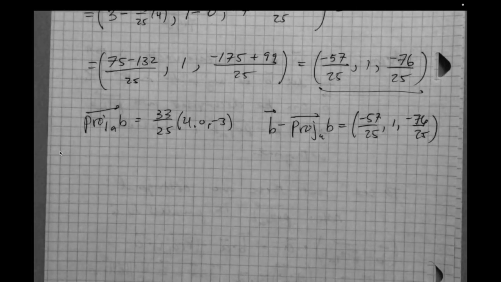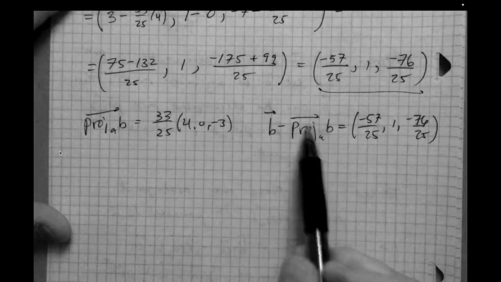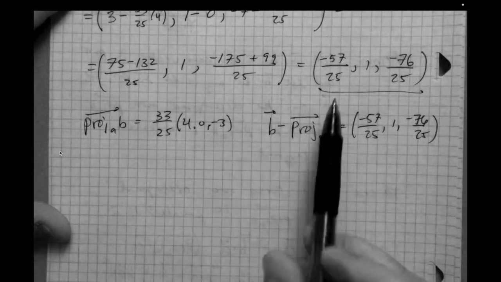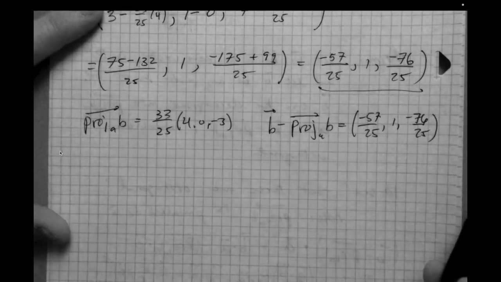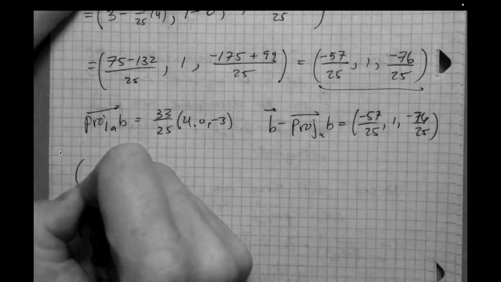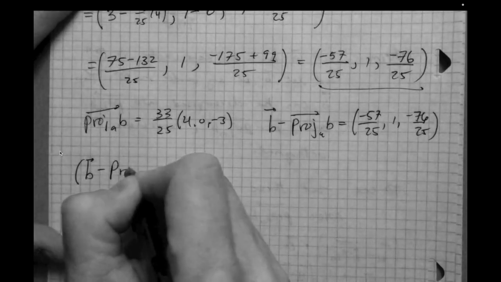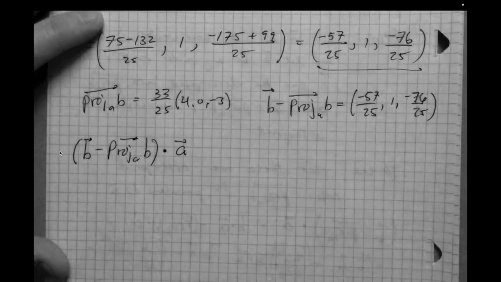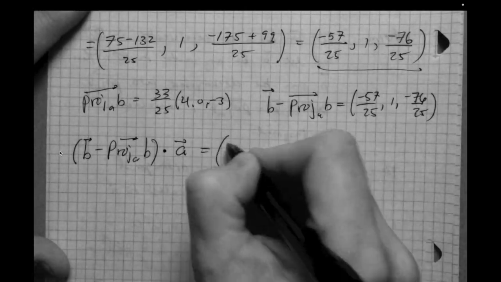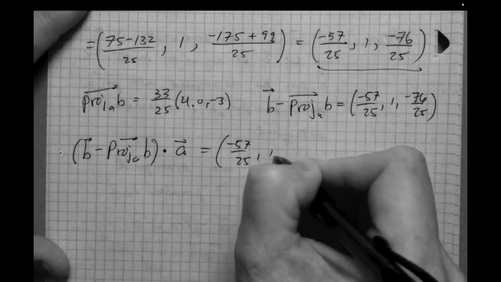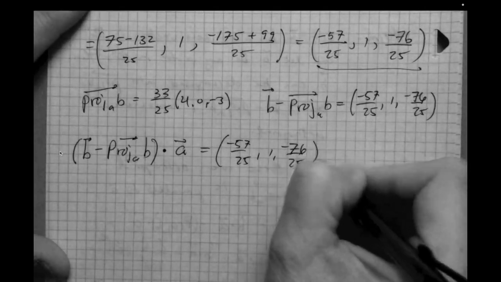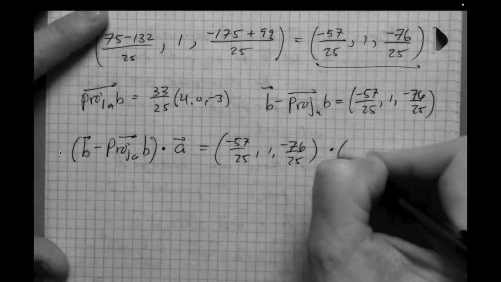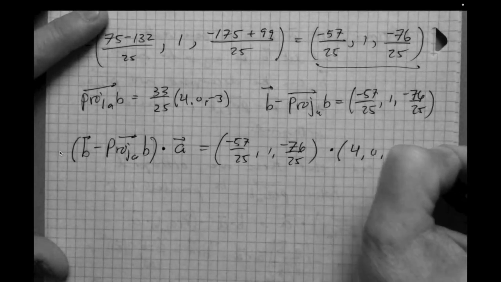Okay, and so we know that those two are orthogonal. Right, and so we could confirm that this guy here is orthogonal to A by just trying to calculate the dot product quickly. So if I do that, B minus the projection of B onto A dot A, that's equal to negative 57 over 25, comma 1, comma negative 76 over 25, right, so just pulling that there, dotted with 4, 0, negative 3.